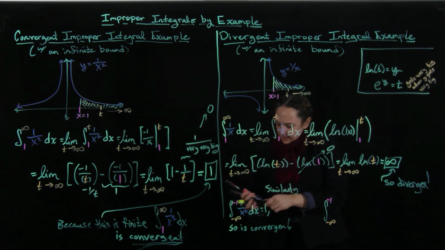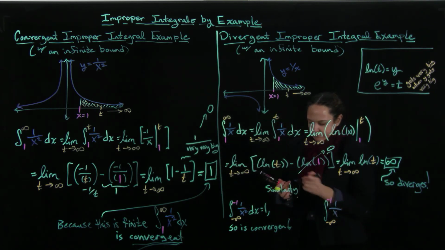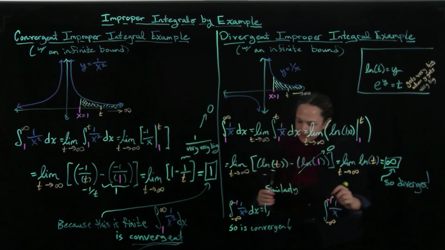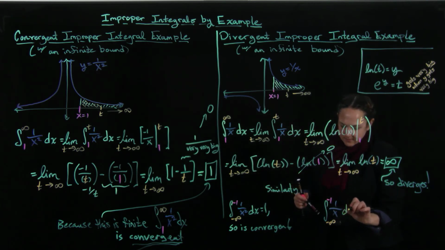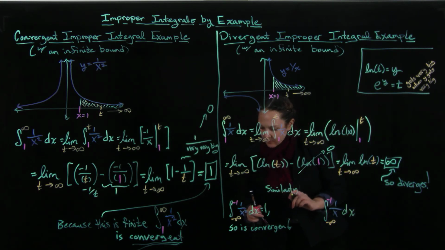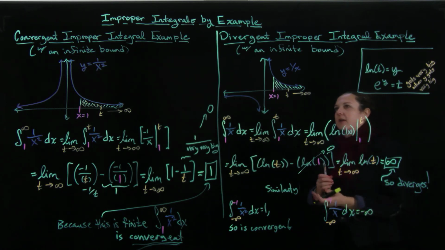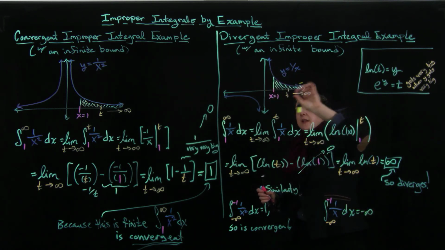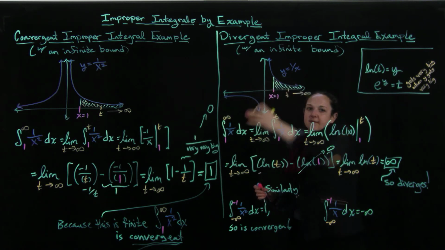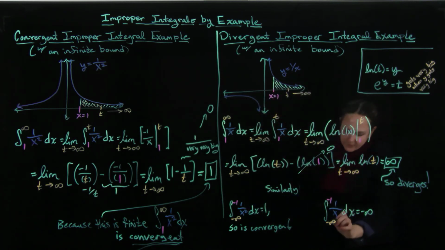So this integral of 1 over x dx is actually going to equal minus infinity, because it's like minus infinite area. If this is positive infinite area, this one's minus infinite area because there's kind of symmetry, except that this one's on the bottom. So also diverges.